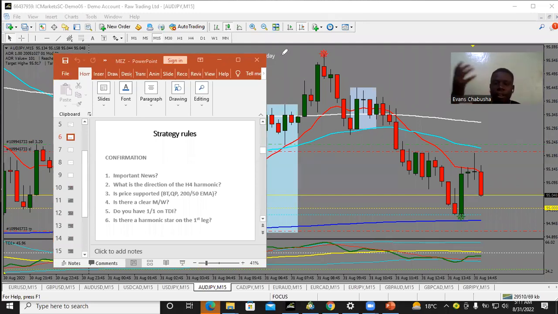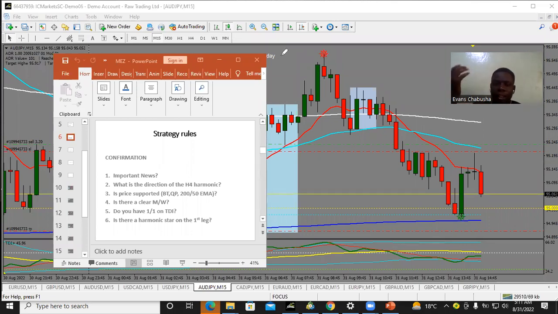Trading is a dynamic market. It will present you with a lot of options, a lot of things, so you need to filter out the most important things that you are considering in the market. You can't trade everything.